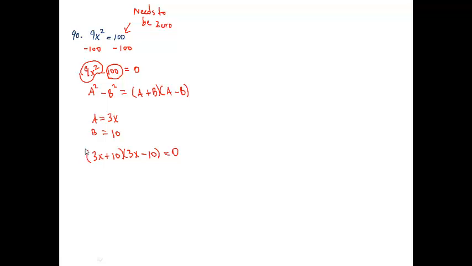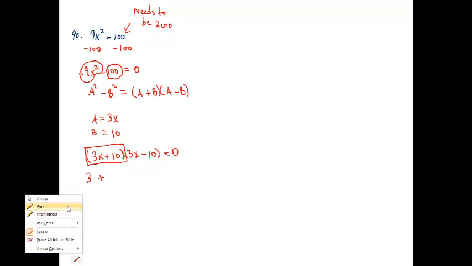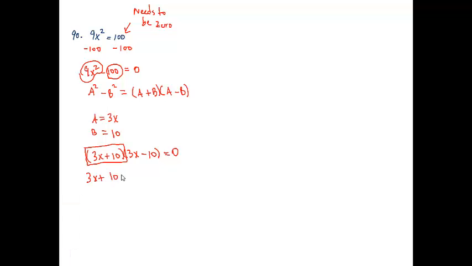And like before, use the zero product property. So the first group, 3x plus 10, equals 0, as well as 3x minus 10 equals 0. Then of course subtract 10 on both sides, and you have 3x equals -10, divide by 3, and you have x equals -10 over 3.